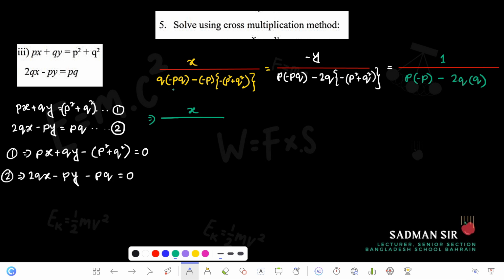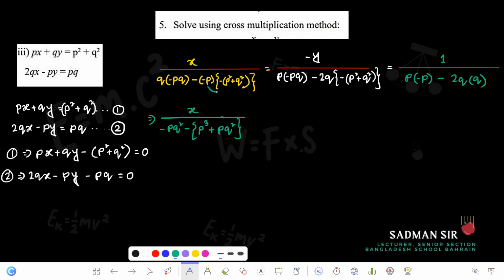Here we will get q into pq, it will be pq square, and this is plus and minus, plus and minus and minus. Okay, so now this minus, let it be here for now. Inside the bracket, let us do the calculation. Minus minus, it will be plus. So p into p square, it will be p cube, plus p into q square, it will be pq square.